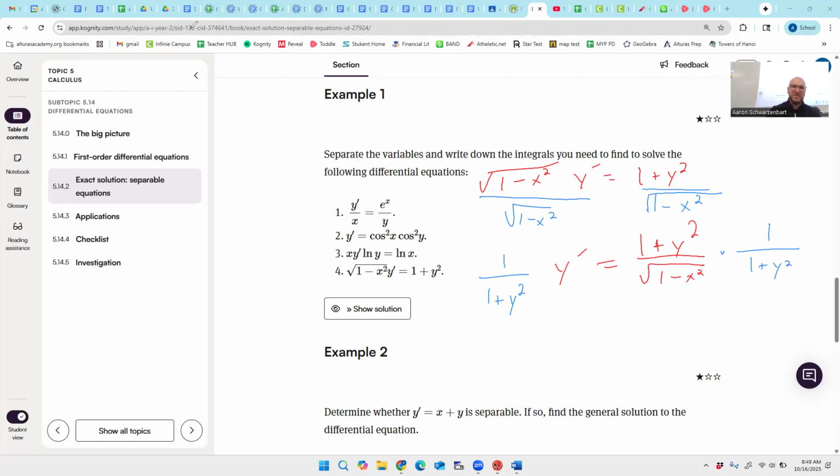That is something we didn't do last year. Because I need y on the left side. Now I'm just going to move my dx.